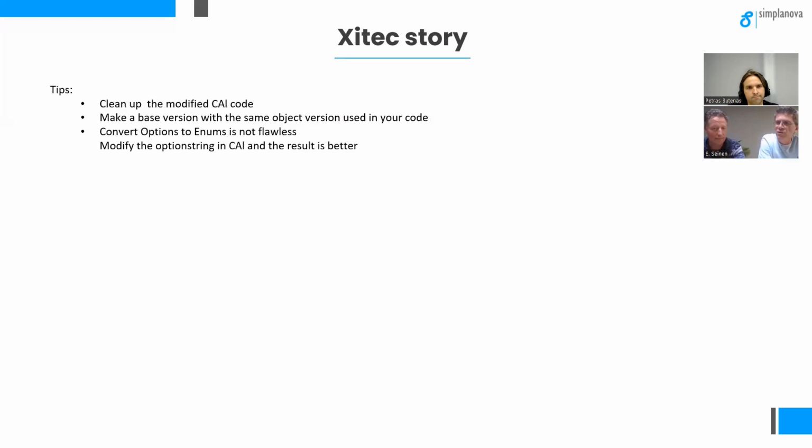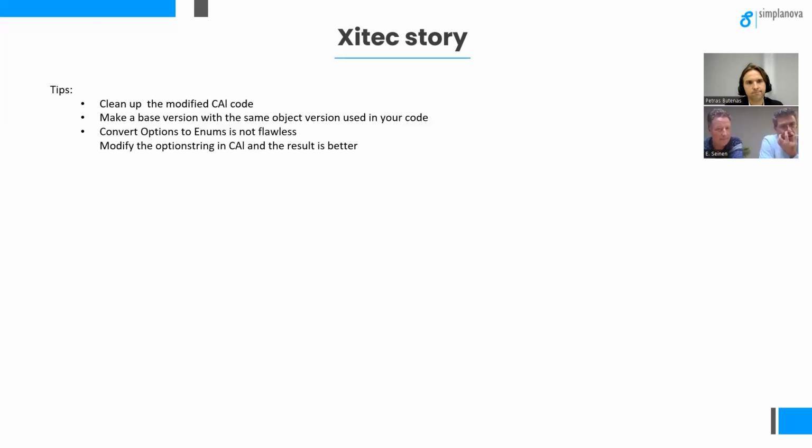For instance, if you need the new reminder objects, you only append the reminder objects to C/AL and leave the rest out of order. But when we make the conversion and get the tools running, we get a lot of differences. So make a base version based on the version objects you have used, because that saves you a lot of work.